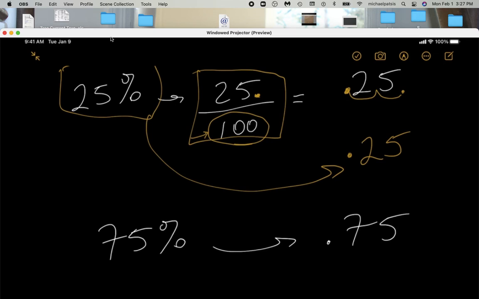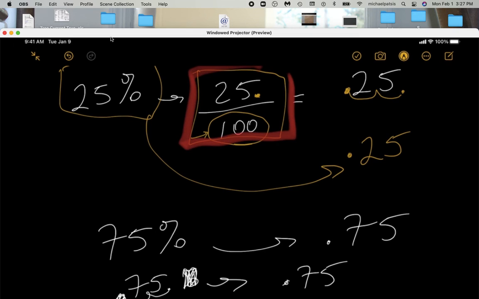So what you do is you take this 75, you know it has a decimal point there. If you have a percent sign, you take away the percent and you move twice to the left, and that becomes 0.75. You can do that if you're comfortable. If not, don't hesitate to do it this way, because here it's very clear what we did.